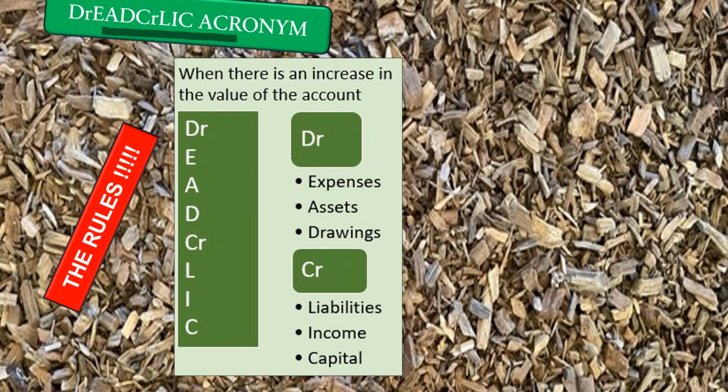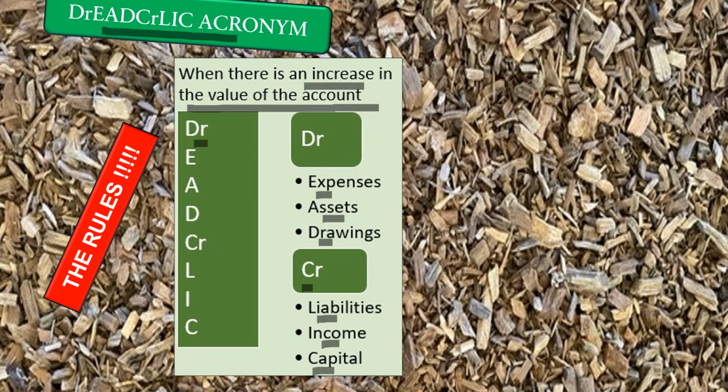Right, if you struggle to remember these rules in the beginning, after a while, it's like counting 1, 2, 3, 4. You know, increase in assets, debit, increase in liabilities, credit. But if you're struggling, when there is an increase in the value of the account, we debit expenses, assets, and drawings, and we credit liabilities, income, and capital.